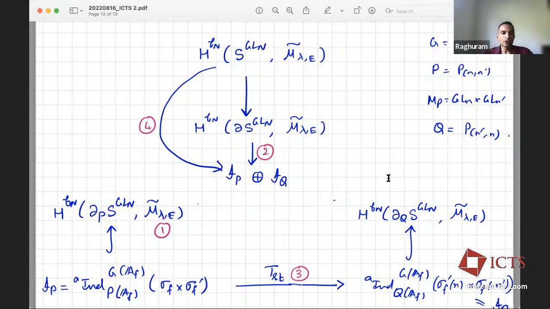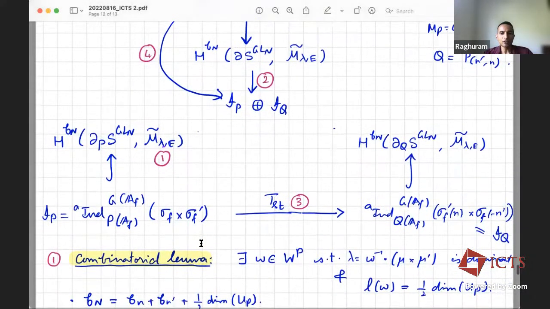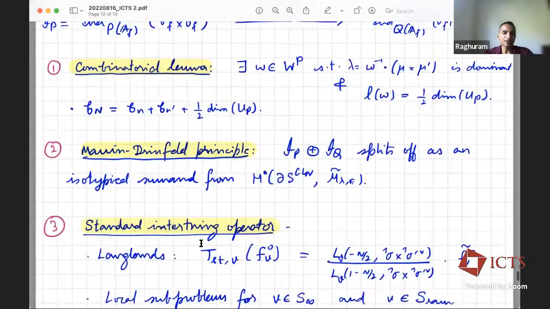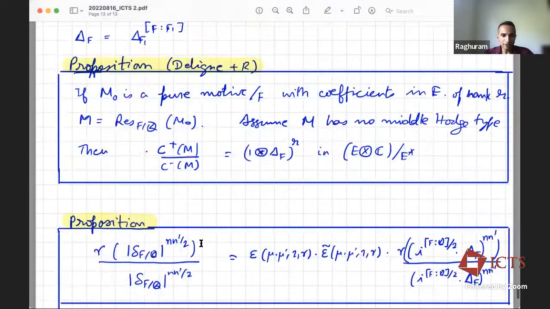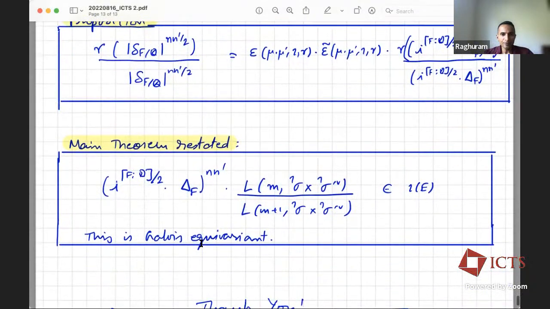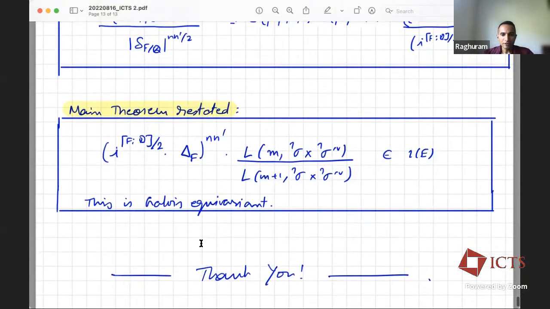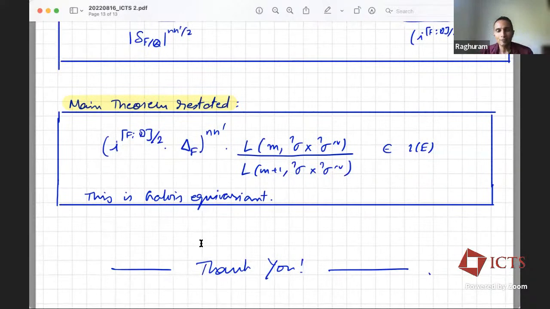And upon doing so, not all objects here are Galois equivariant, especially this boundary cohomology and some unipotent cohomology groups which will appear there. So upon hitting by gamma, sometimes there are some signatures which show up. That's the epsilon and epsilon tilde. That's where they arise from. So let me just scroll back here and leave this as the main theorem. And then I thank you very much for your attention. I'm very happy to take questions. Thank you very much.